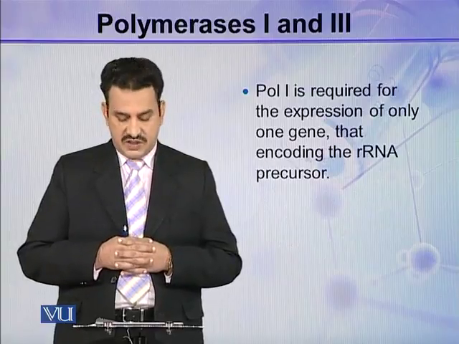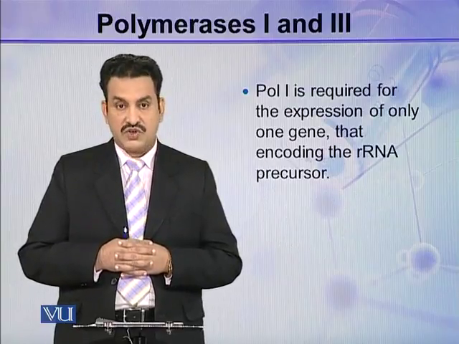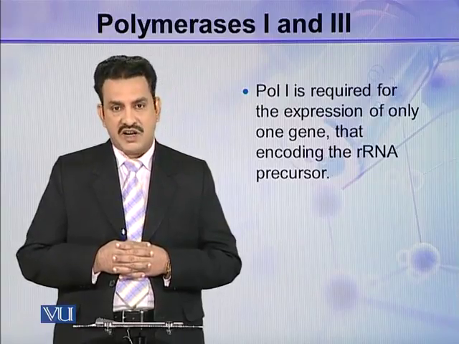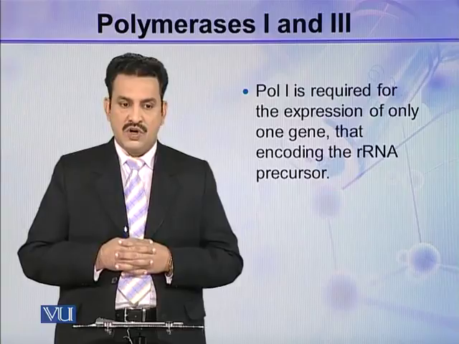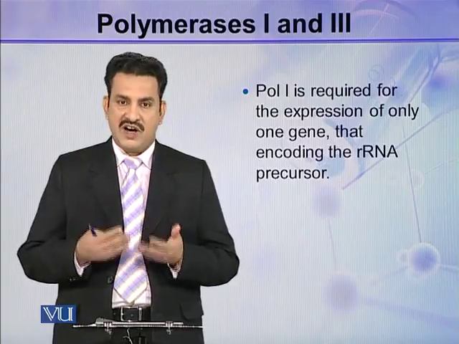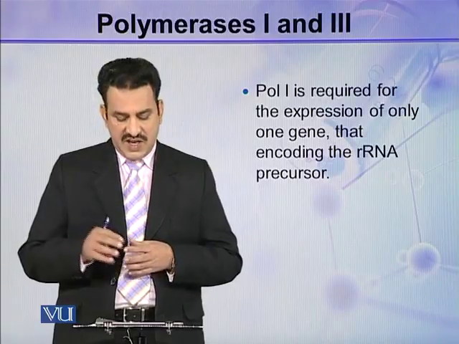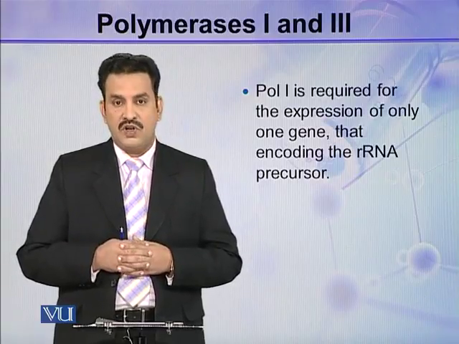Polymerase 1 is required for the expression of only one gene, that encoding the rRNA precursor. So, the gene which is responsible for the synthesis of rRNA is transcribed by pol 1.